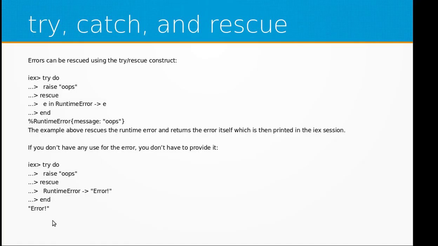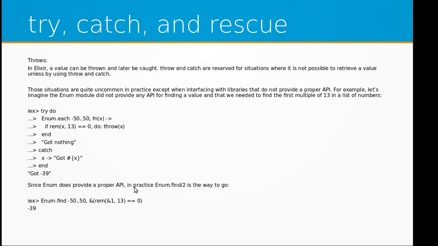Alright, so the example above rescues the runtime error and returns the error itself, which is then printed in the IEx session. If you don't have any use of the error, you don't have to provide it. So we can also use RuntimeError as well, and we can also define our string as well.